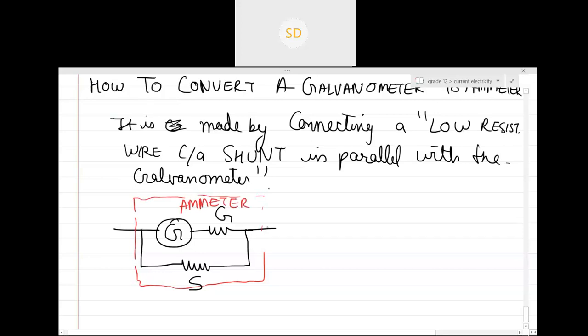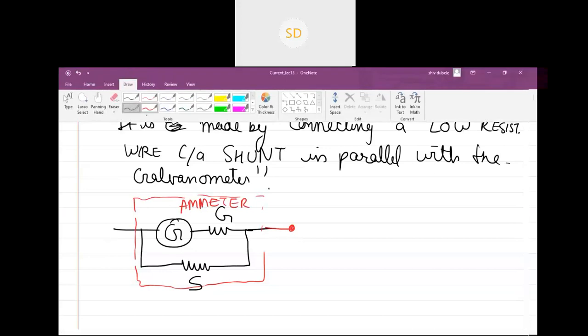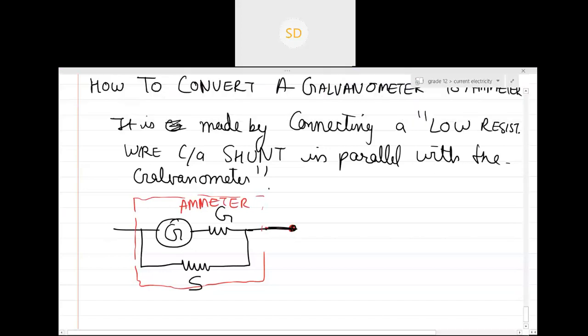Are you getting my point? Now this ammeter can be connected anywhere in series with the circuit. Across points A and B, I have this whole device which is called an ammeter. The reading will be shown over here. So you are using the galvanometer only, but you have slightly increased the range.